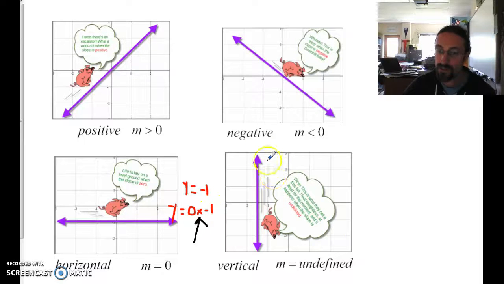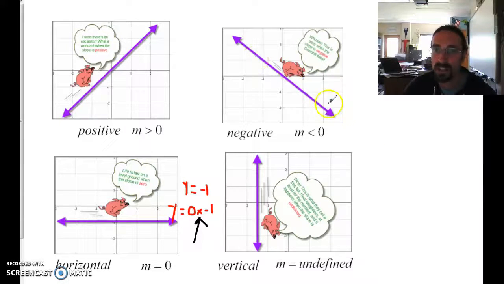Now, when you have a vertical line or an undefined slope, it's like having a 0 next to the y. And that can really mess us up, because for whatever input we put in, we're only going to get the same output.